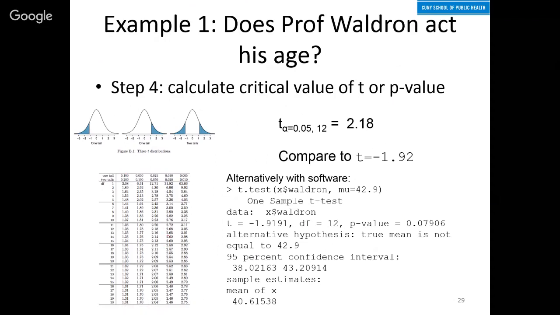So what do I get? Let's do it using the table here. What is the critical t? Let's see. This is out of the back of your book. Table B, we have 13 minus 1 is 12 degrees of freedom.